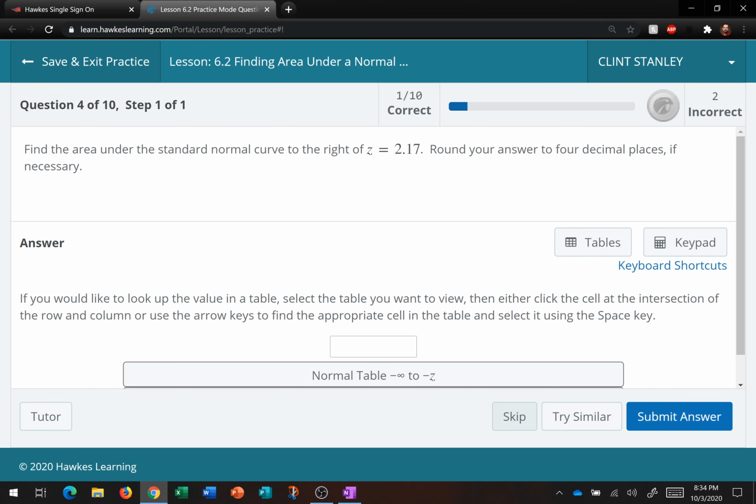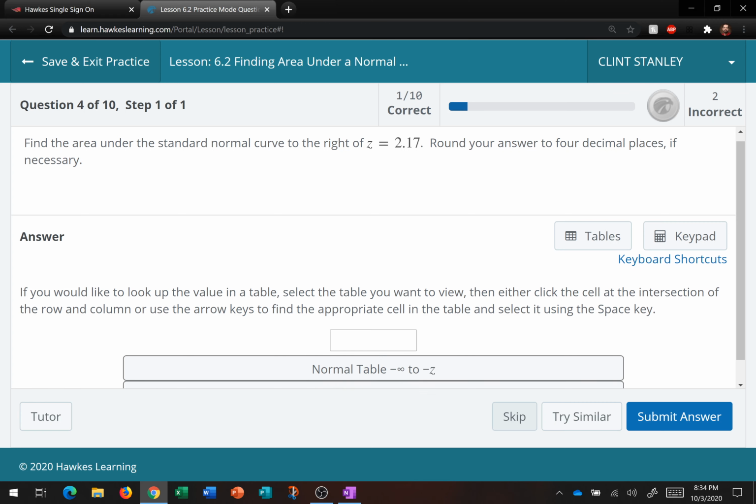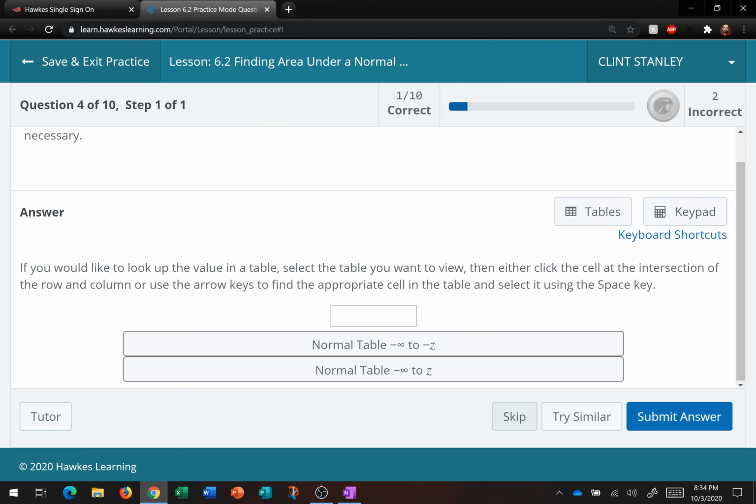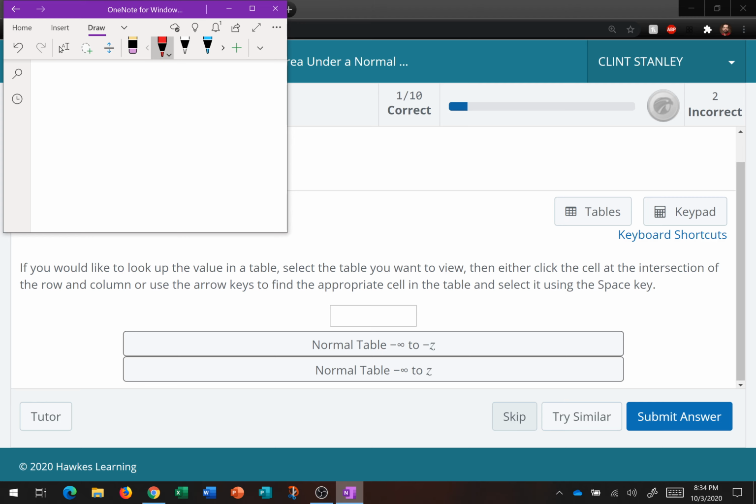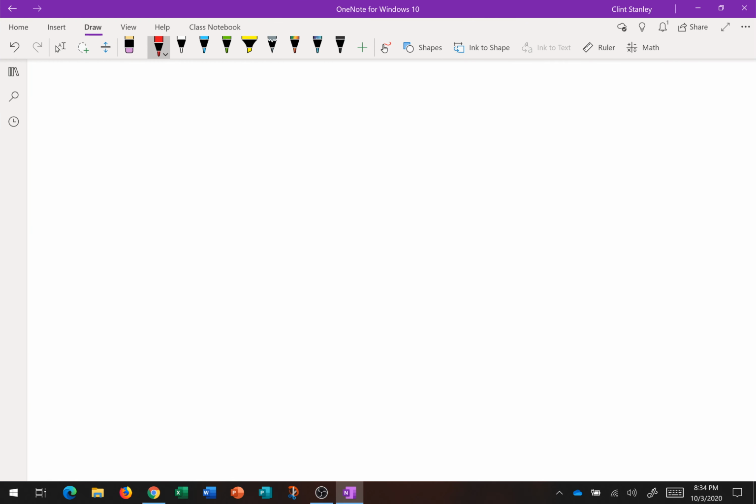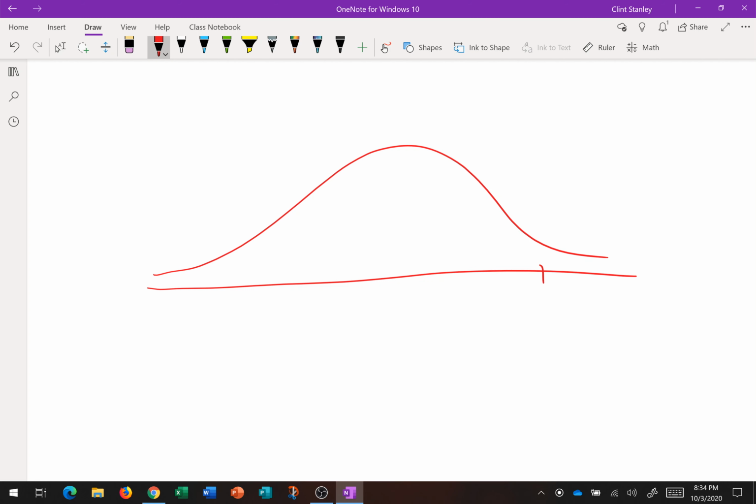This one says find the area to the right of 2.17. Well, our tables give us area to the left. So what's going on here? This is telling us to find the area to the right of 2.17, but our tables give us area to the left. There are a couple of ways we can do this problem with these tables, but probably the easiest way is to realize that the curve is symmetric.